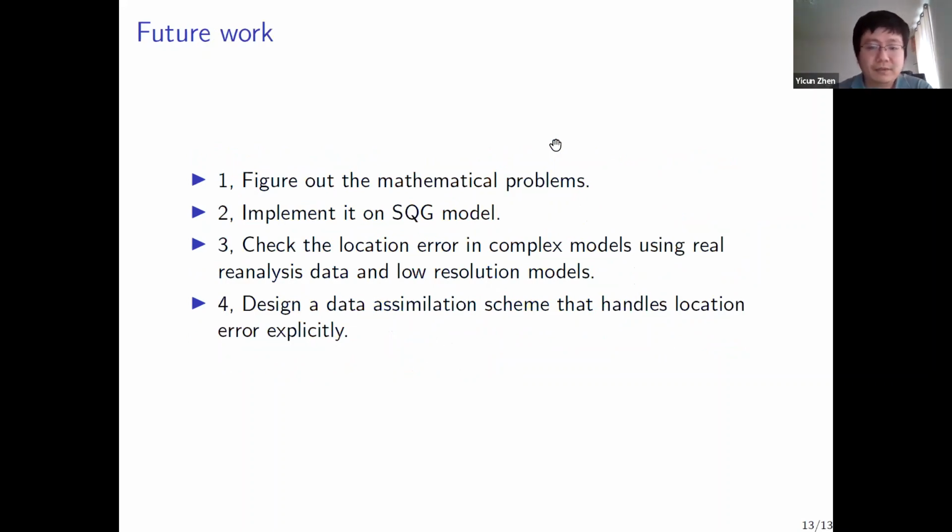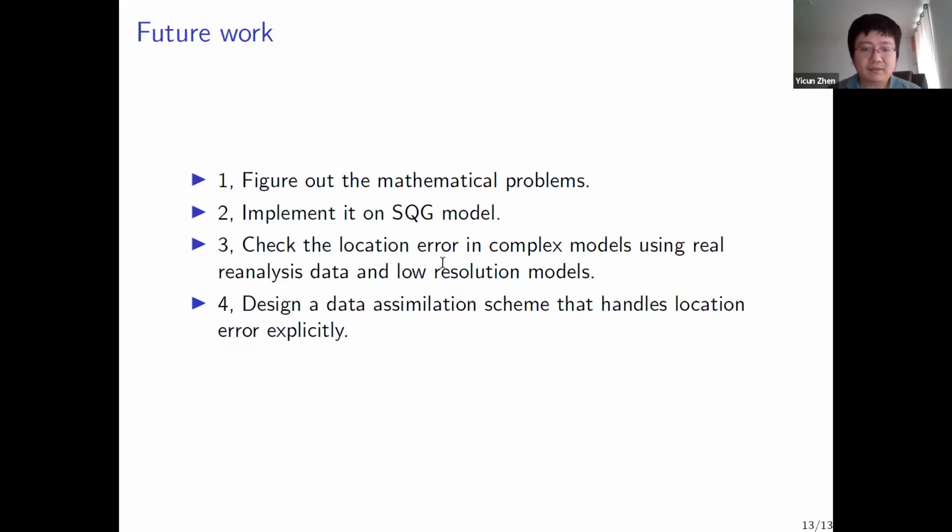For the future work, I think this work has very large potential, because it tells us we can look at the location error in a different way. First, we need to solve the mathematical problems. Then for the numerical implementation, we will try it on the SQG model.